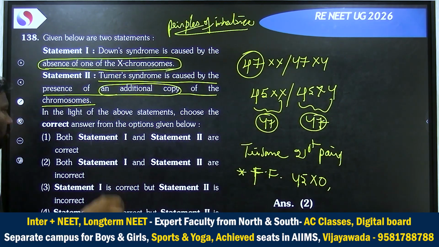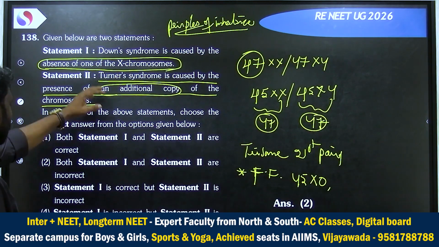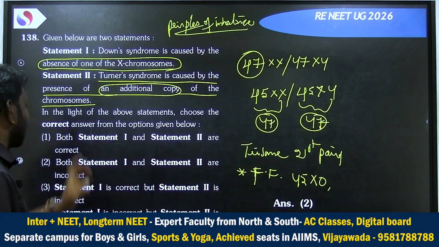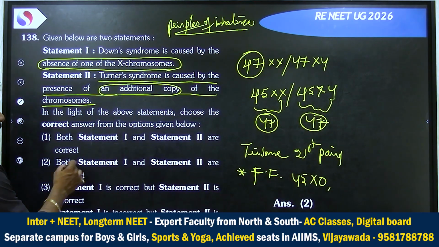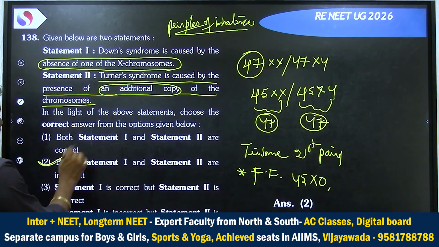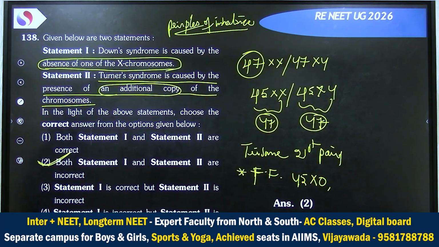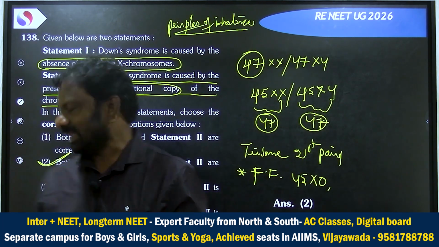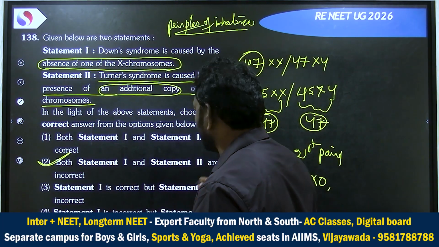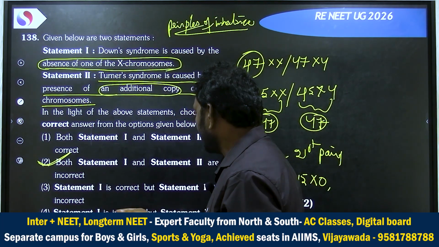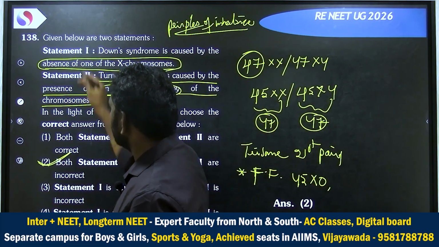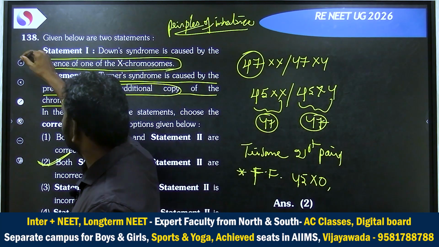The first option says statement 1 and statement 2 are both correct. The second option says both statements are incorrect. So the answer is that both statements are incorrect. The third option says statement 1 is correct but statement 2 is incorrect. The fourth says statement 1 is incorrect but statement 2 is correct. So for this question, the correct option is the second option, guys.